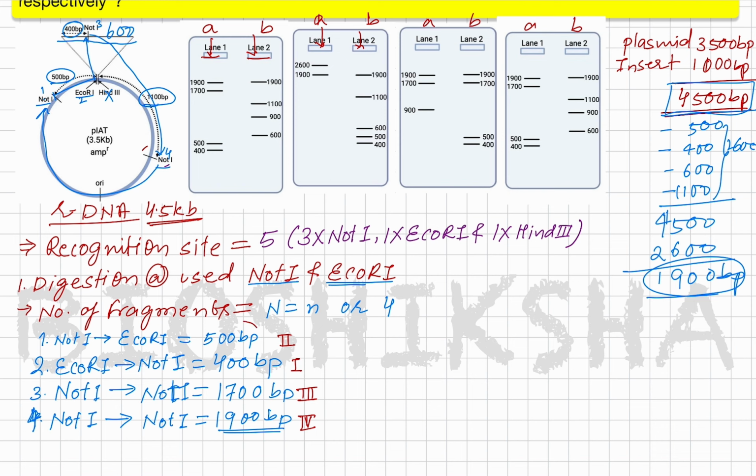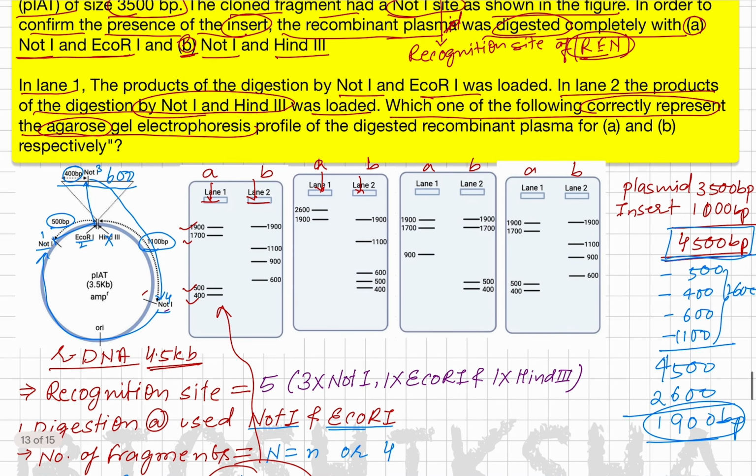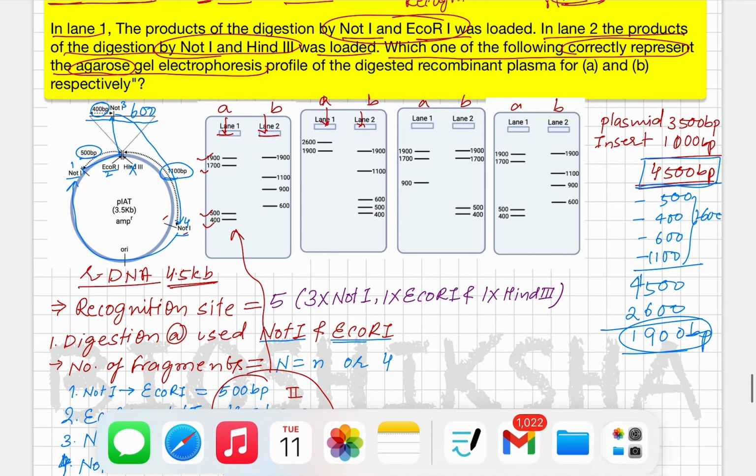Now if you compare this, don't you think it matches? 400, 500, 1700 and 1900 base pair in digestion 1, where EcoR1 and Not1 are used. So you can compare and see.